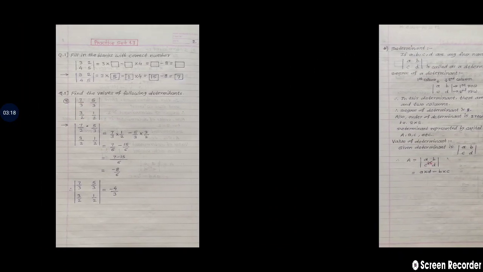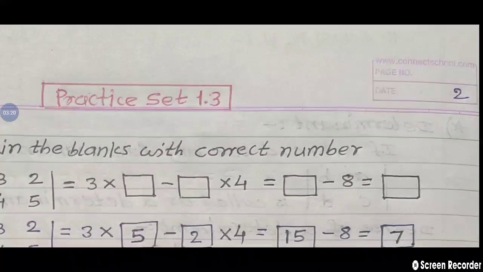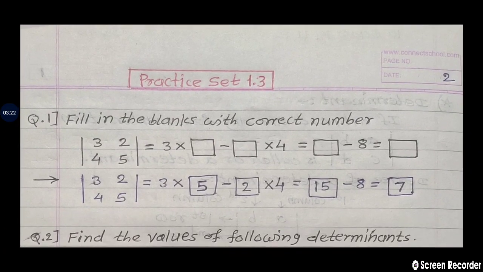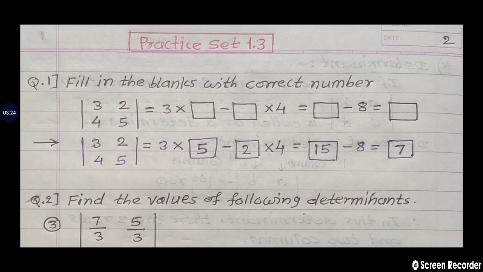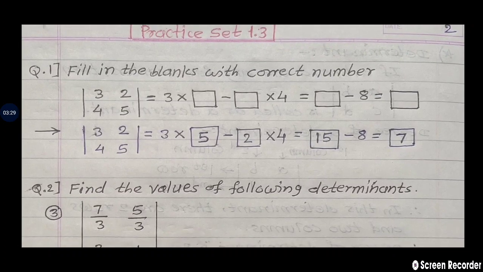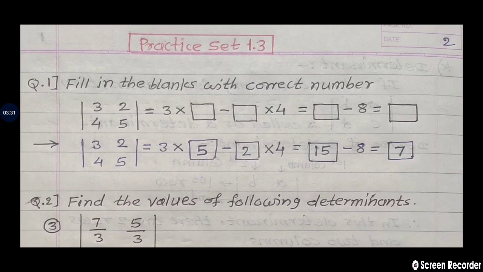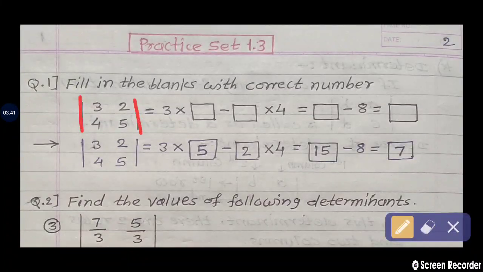Next, in practice set 1.3, question number 1 is given. Fill in the blanks with correct numbers. What is the determinant given? Check that. In this determinant, four numbers are given: 3, 2, 4, 5.